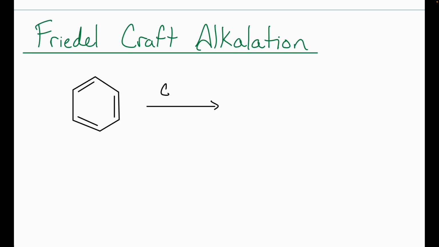So let's say that we had chloromethane here. This would then add a methyl group to that benzene ring. This actually uses a familiar catalyst. We've seen it in a previous reaction as well, that aluminum chloride.